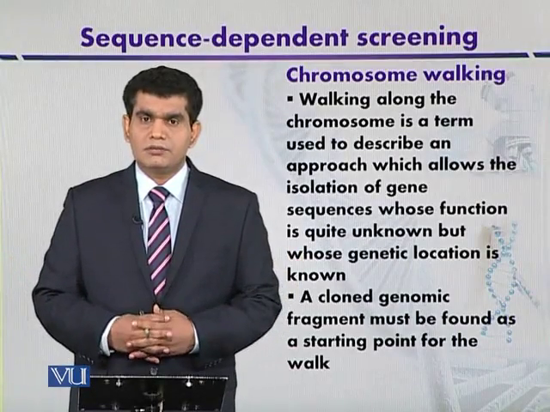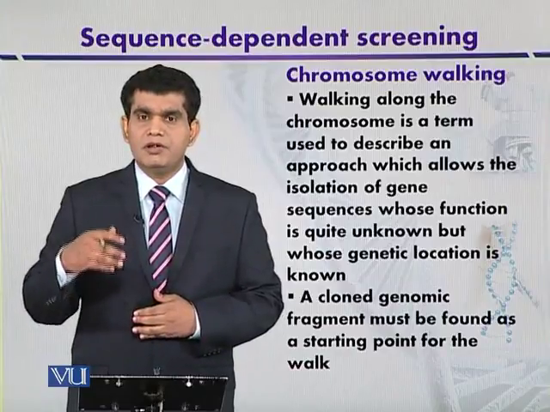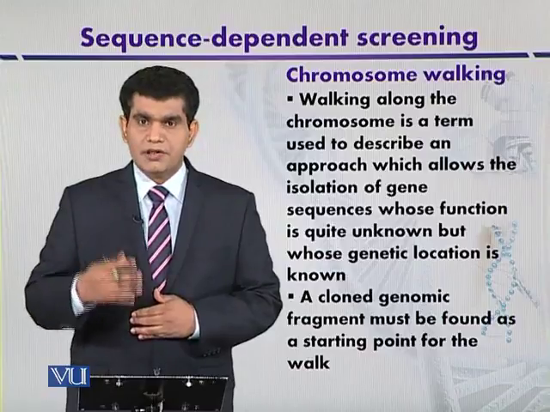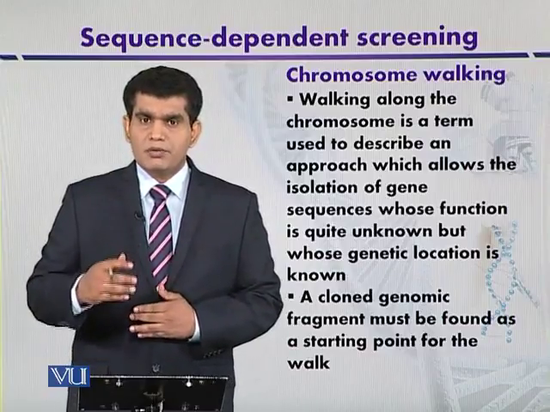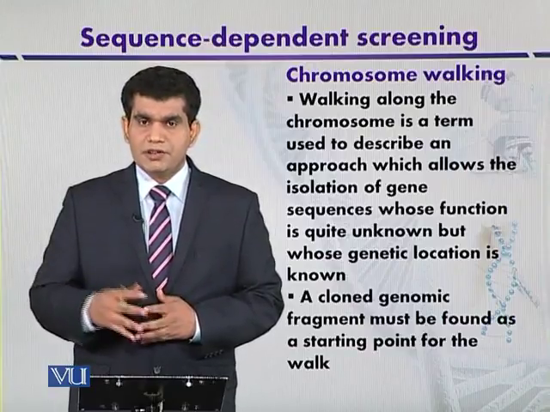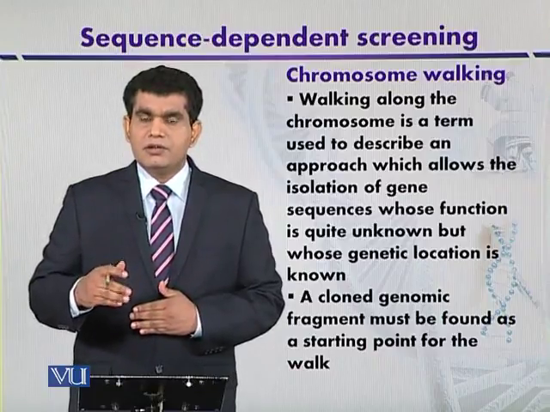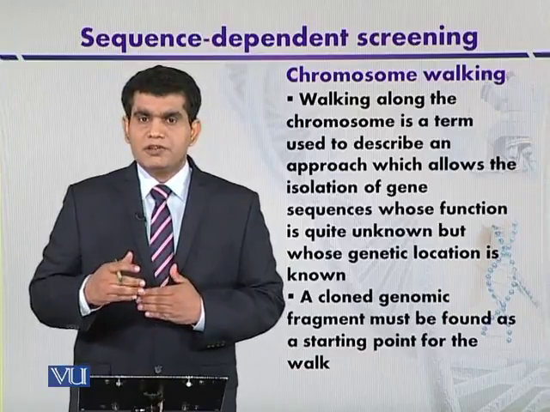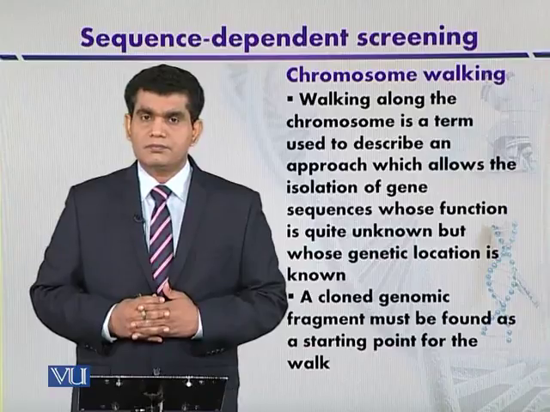Chromosome walking. Chromosome walking is another technique that can be used for the screening of libraries. If you remember, we have discussed the advantage of random DNA fragmentation: if we digest the genomic DNA randomly, overlapping DNA fragments will be produced.